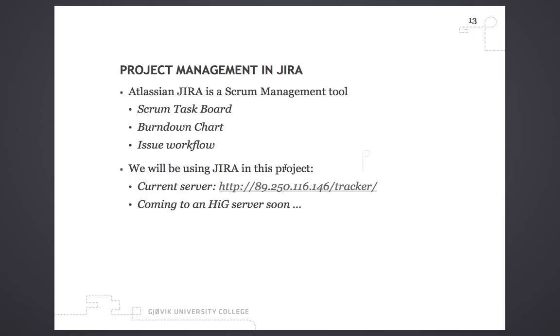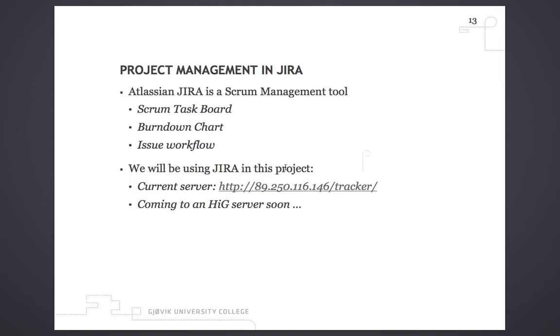Okay, project management in Jira. Atlassian Jira is a Scrum management tool. We have a Scrum task board, burn down charts, and an issue workflow. We will be using Jira in this project. The server that's linked there has changed to another DNS, not that IP address.